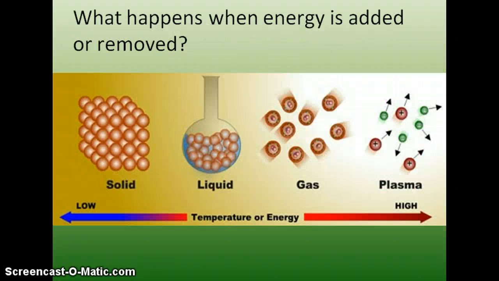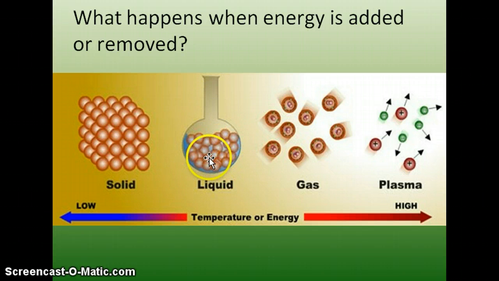What happens when energy is added or removed? Well, the particles change. When we add energy, the particles begin to move more freely. So we start here with a solid where the particles are arranged really close together. There's a strong attraction for one another, and so at this point these particles can only vibrate. If we add any more heat or energy, the particles can move around more freely.